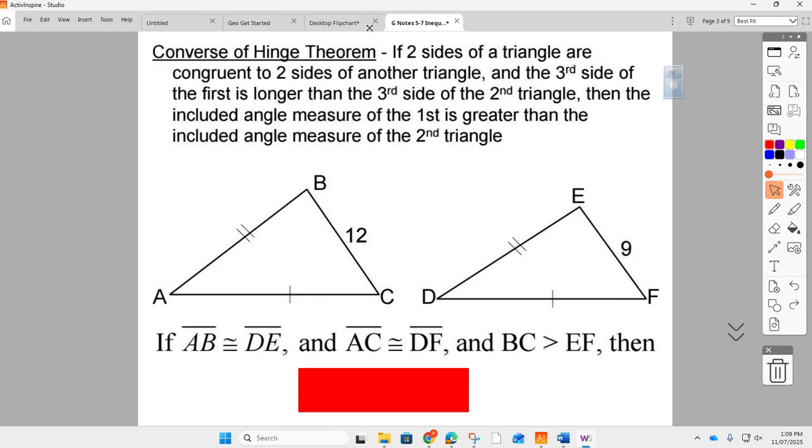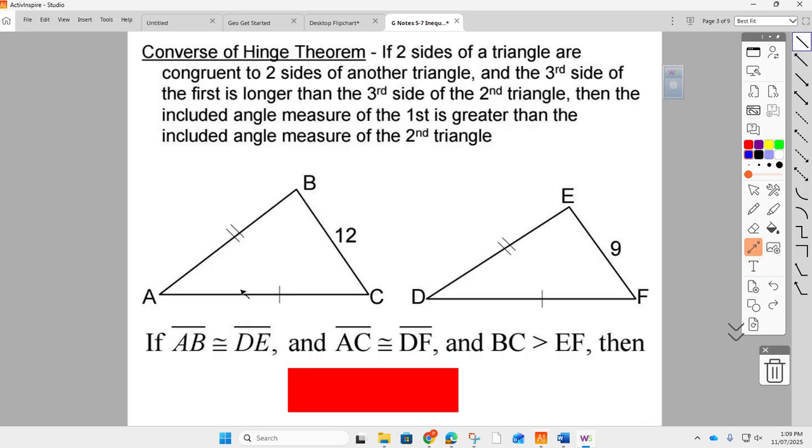All right, so the converse of that same thing just means we still have to have those two qualifying congruent sides, and we're still focused on the included angle. But now they tell us that the side across from that included angle is 12, and the side across from that included angle is 9.